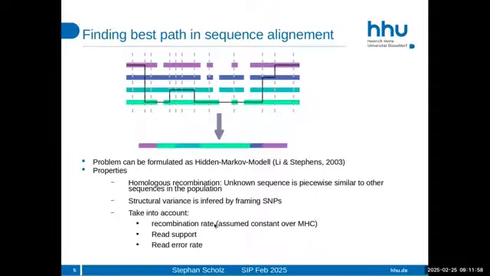That's a constant, characteristic for the population, that you can calculate. The read support, so regions where you have a lot of reads will be weighted higher, and the read error rate that is dependent on the technology that you use. So nanopore would have higher read errors than Illumina, for example.